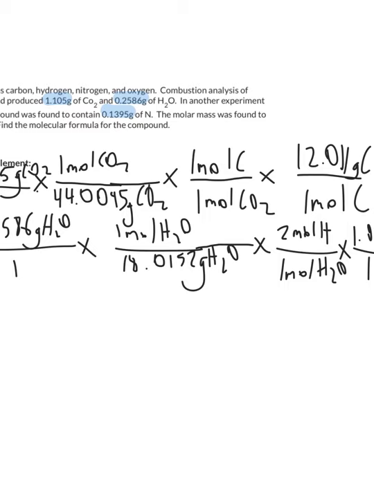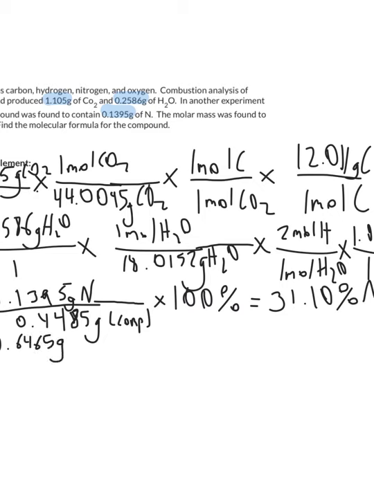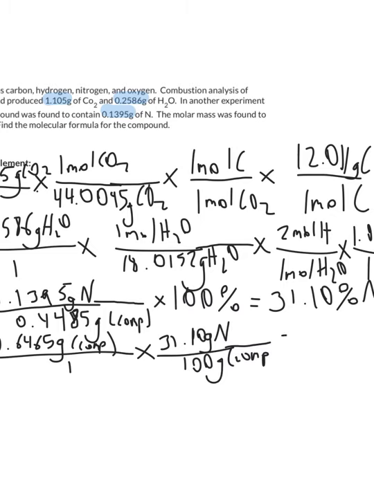So we have to do 0.1395 grams of N divided by 0.4485 grams of compound times 100, which is the mass percent of nitrogen, and then we will use the amount of compound that we are basing this on, which is 0.6465 grams of compound, and then we will multiply that by 31.1 grams of nitrogen per 100 grams of compound, which is the percent mass ratio.